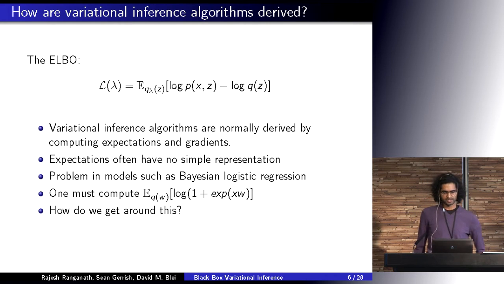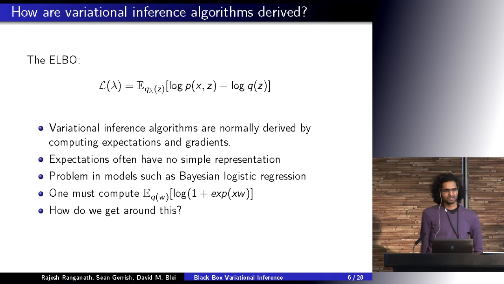First, notice that the parameter of our variational objective is this lambda. Now on the right-hand side, this lambda appears implicitly through the distribution of Z. So the first thing we need to do is compute this expectation. And computing this expectation, even if it has closed form, is a pain. There's an old joke that by the time you finish deriving your variational inference algorithm, your sampling algorithm is done running.